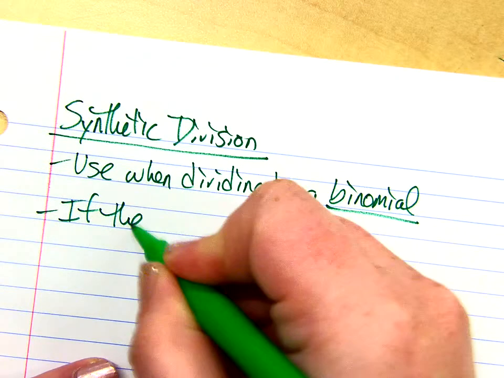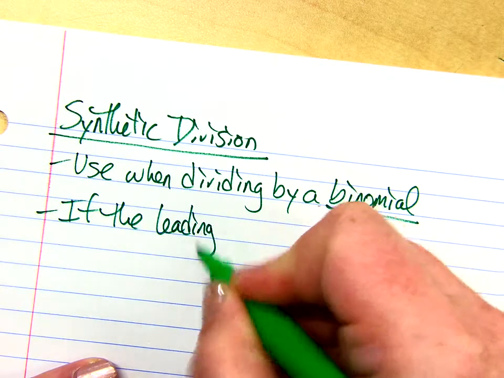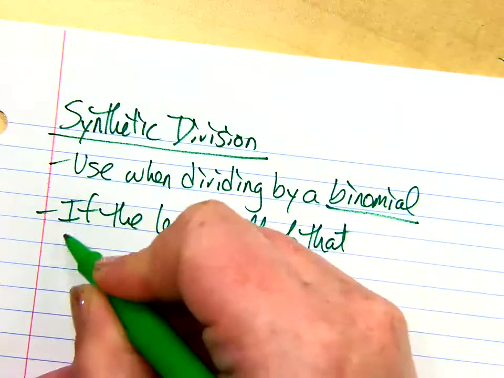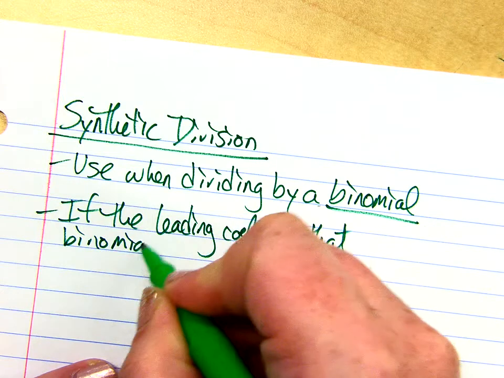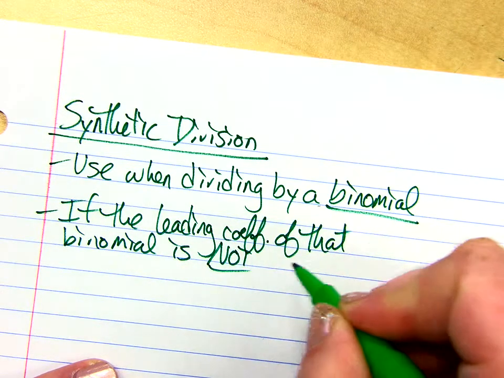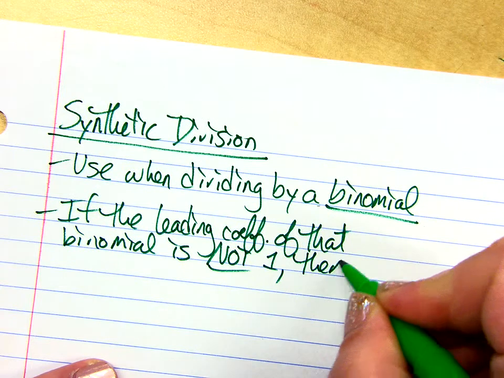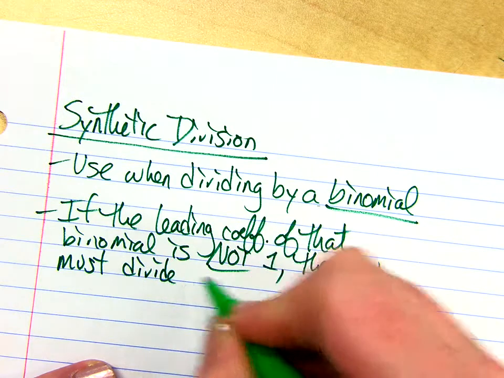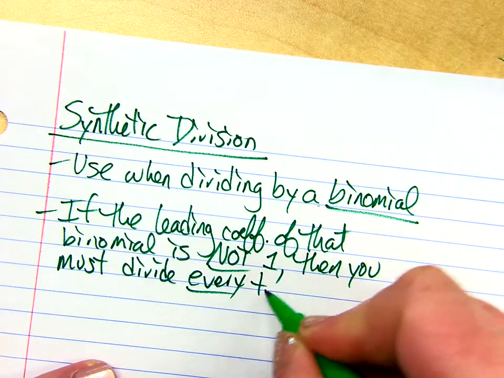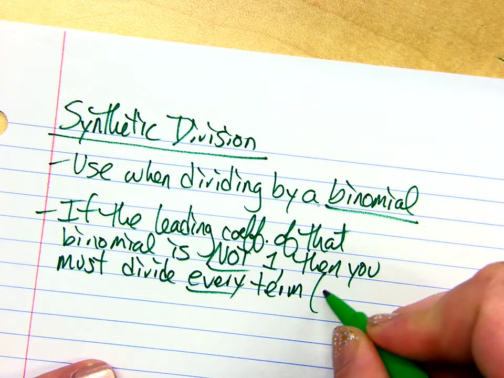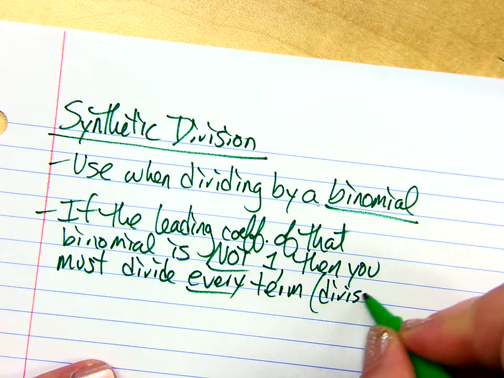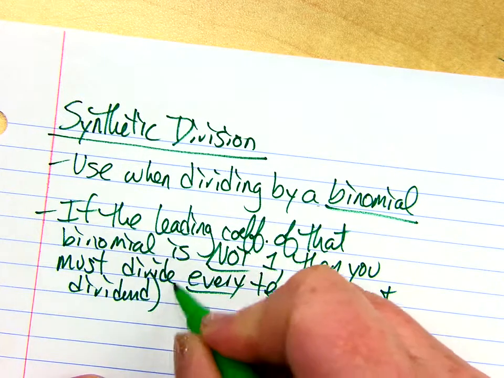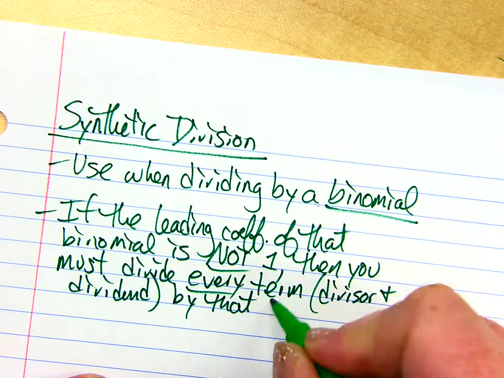If the leading coefficient of that binomial is not 1, then you must divide every term, so divisor and dividend, by that number.